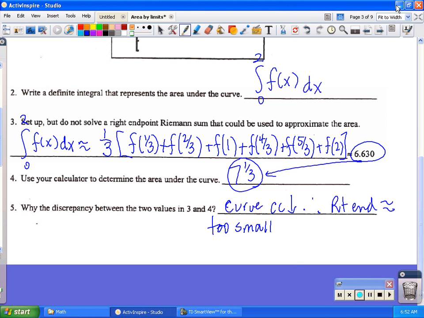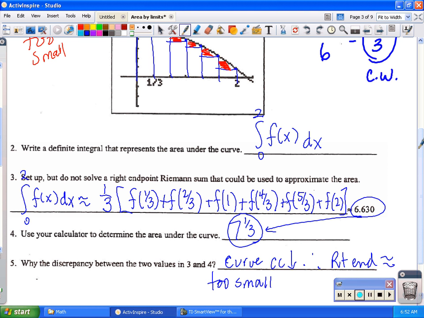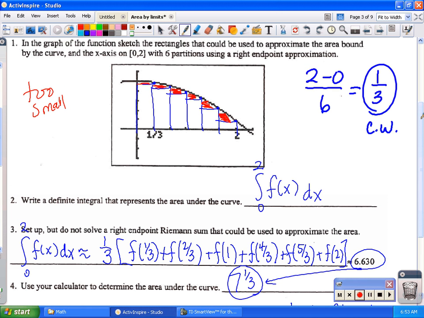All right, so here's the question. How do we find that area? How do we use rectangles to find the exact area instead of the approximate area? Well, you probably figured out that in this particular example, I used 6 rectangles. Now think about it.